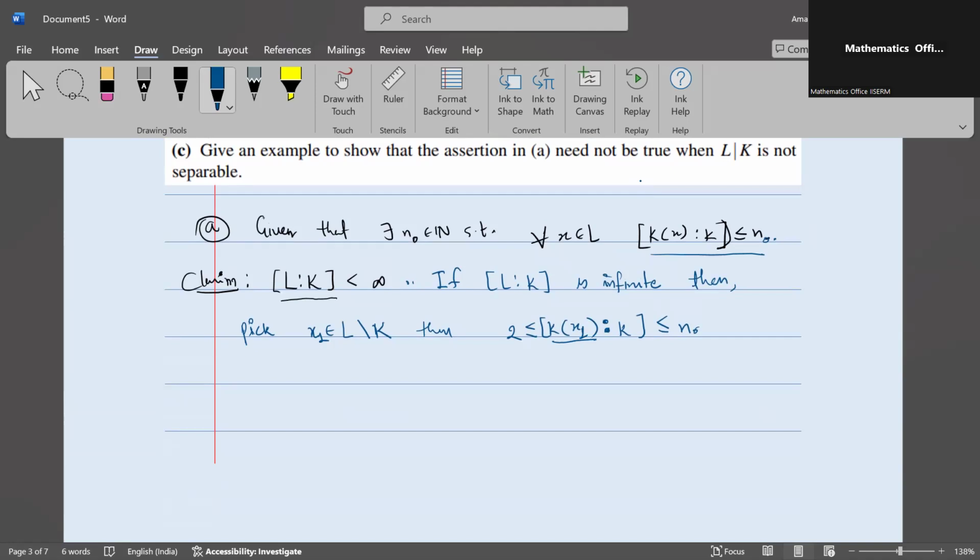So k(x1) is not all of L, and we can find more elements. Pick again x2 belonging to L minus k(x1).